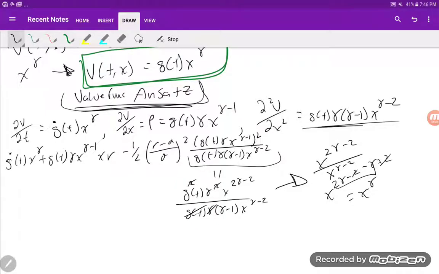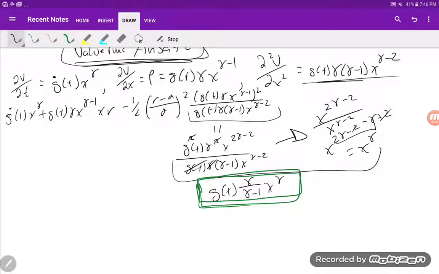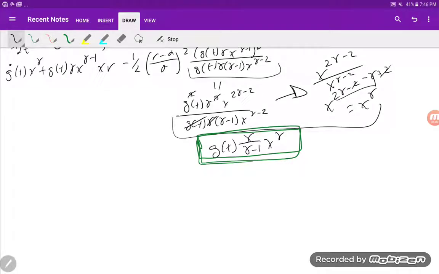Cool. Okay, so therefore this whole thing equals g of t gamma over gamma minus 1 times x to the gamma. I hope I got that right, and you can follow. Please pause and go back and check that work.